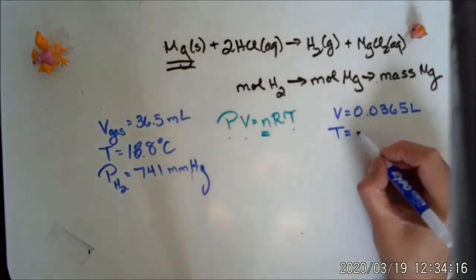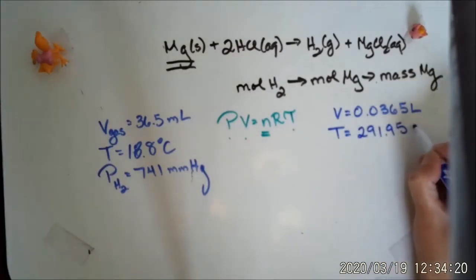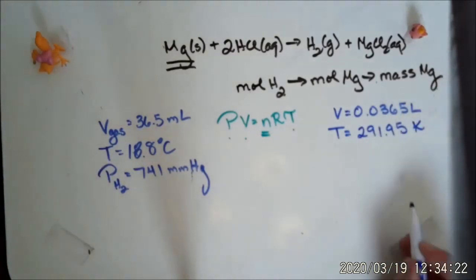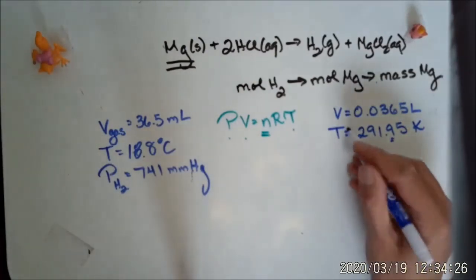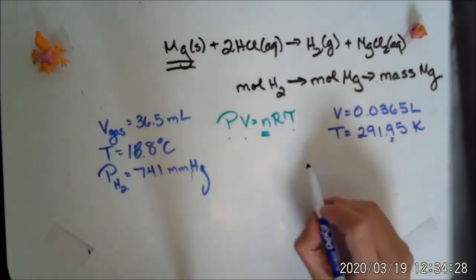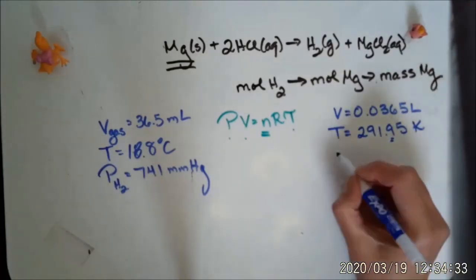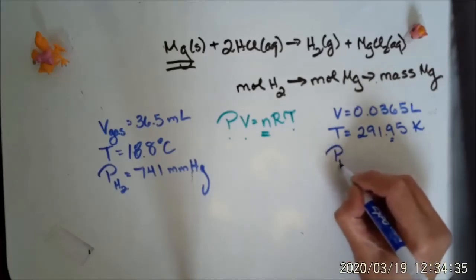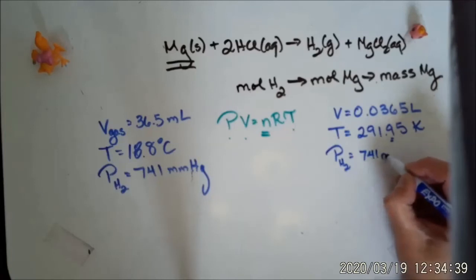You get 291.95. You can say, what about significant figures? We're going to stop here. We're adding, okay, but I'm going to keep it until the very end, where our answer should be 3 significant figures.